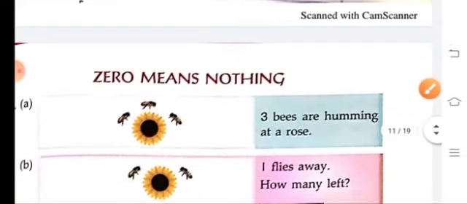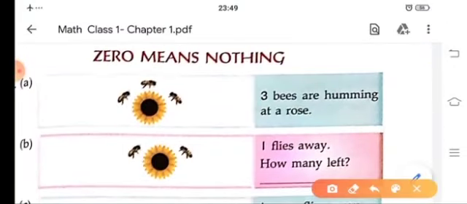Then again, see the picture here. 3 bees are humming on the flower. So how many bees are there? 3 bees. Okay. So from these 3 bees, 1 flies away. So how many are left? 2. 1, 2.